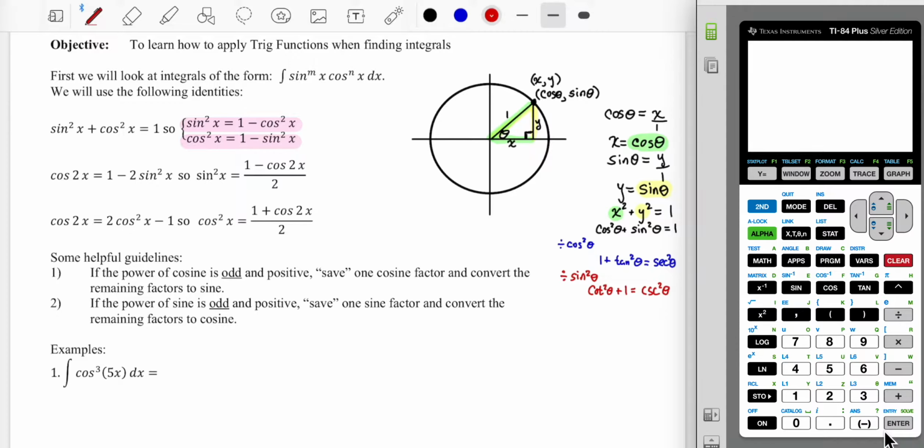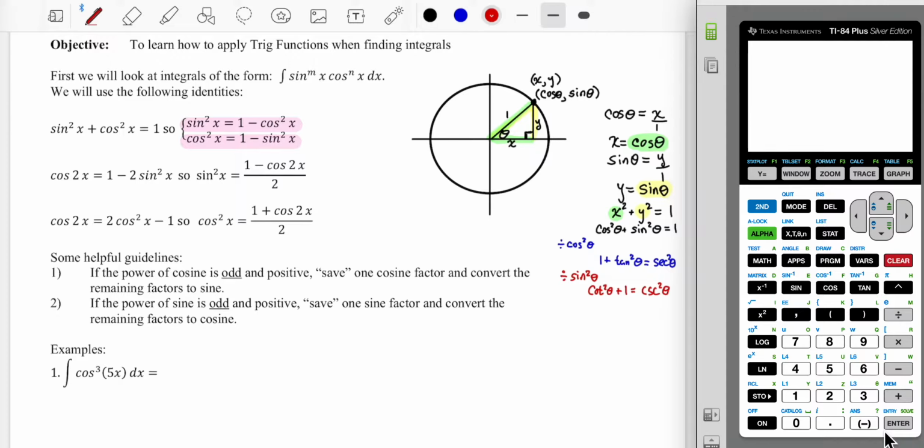So some helpful guidelines. You'll notice it doesn't say rules. It's kind of along the lines of the tips from integration by parts, where it's like, well, these may work, but then again, you may have to try something else. All right, so if the power of cosine is odd, save one cosine factor and convert the remaining factor to sine. And if the power of sine is odd and positive, both are positive, save one sine factor and convert the remaining factors to cosine.